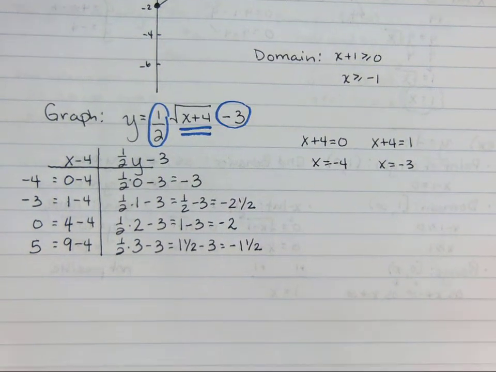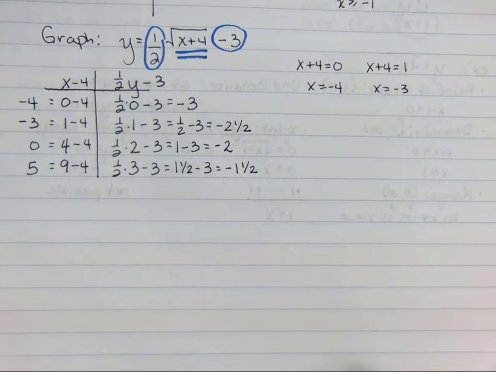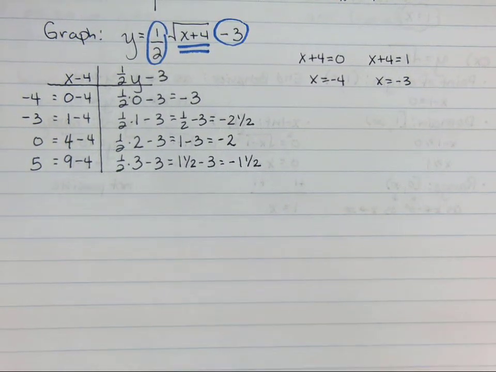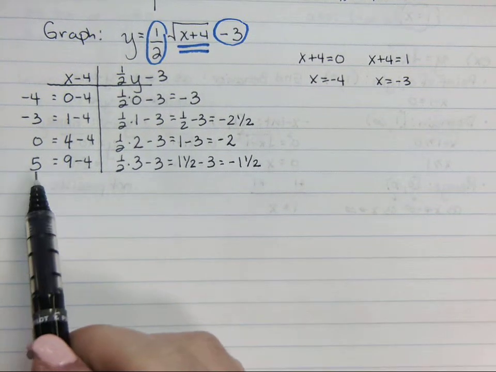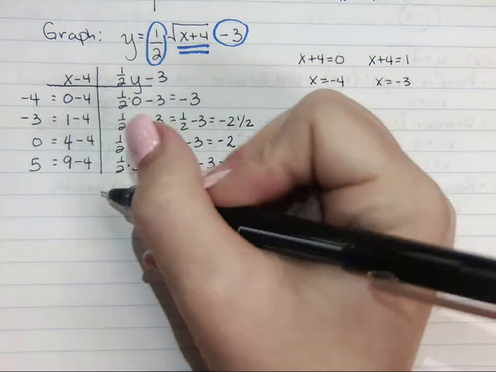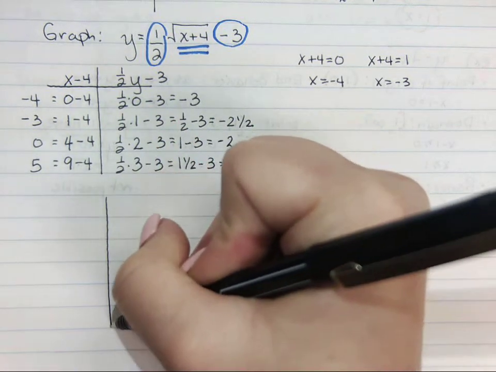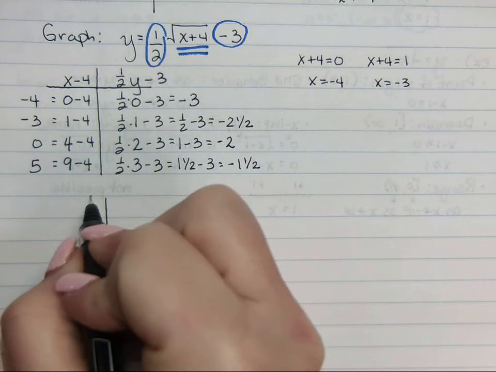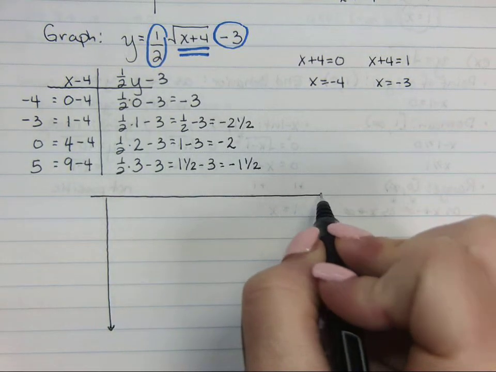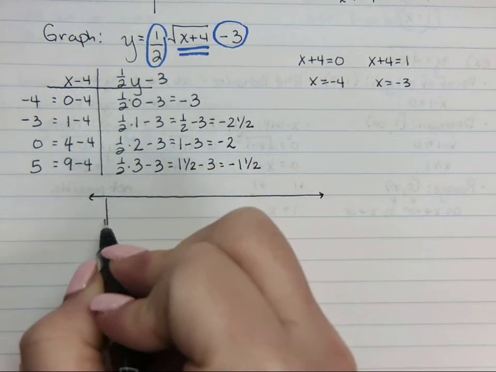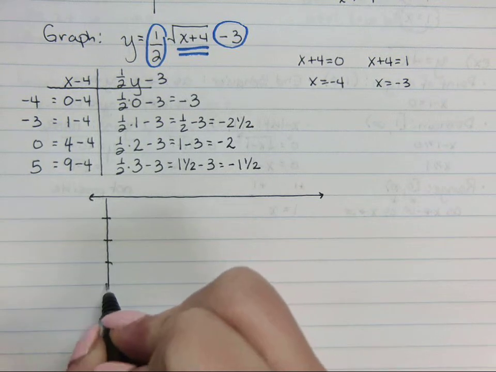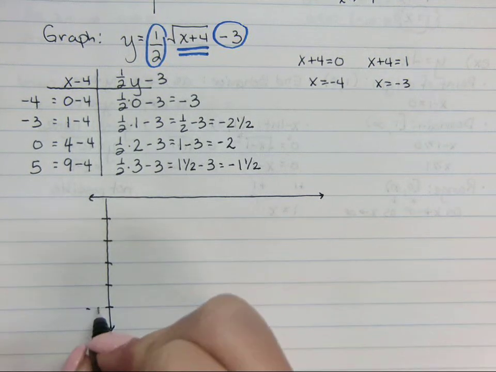So we'll graph this first, and then we'll look at some of our different values. All right, so I need an x-axis that goes to 5, and I need a y-axis that's down lower. All right. So let's go right here. So 1, 2, 3, 4, 5.